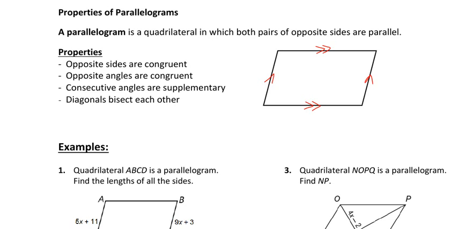And since we have parallel segments, then all the angles that exist when we have parallel lines exist here because that is what we have over here, parallel segments. So that's the first thing that we have to know, that we're dealing with two pairs of parallel segments.